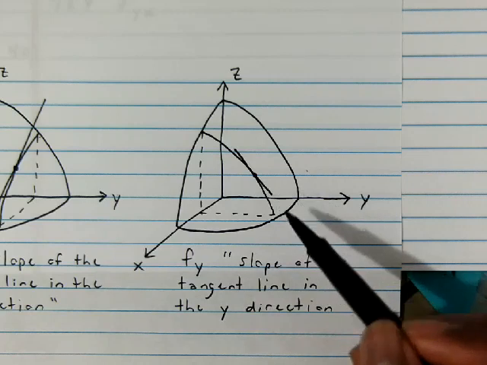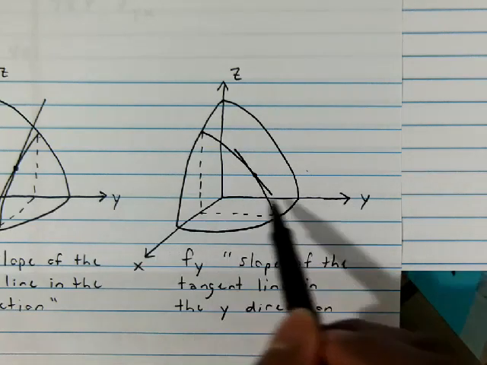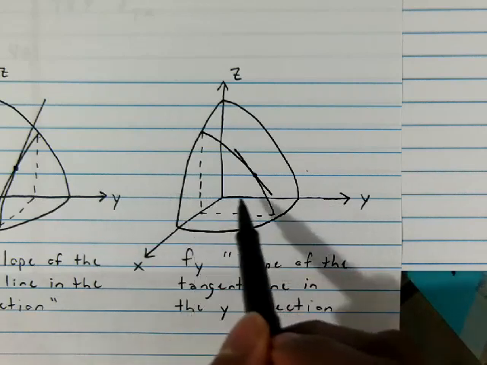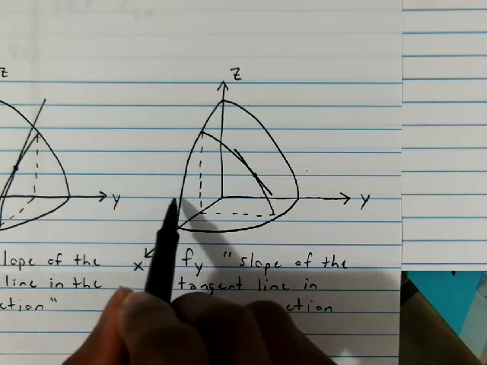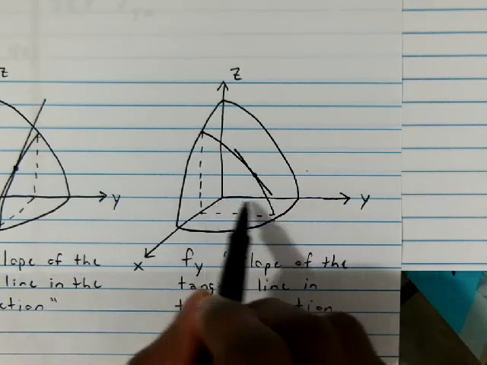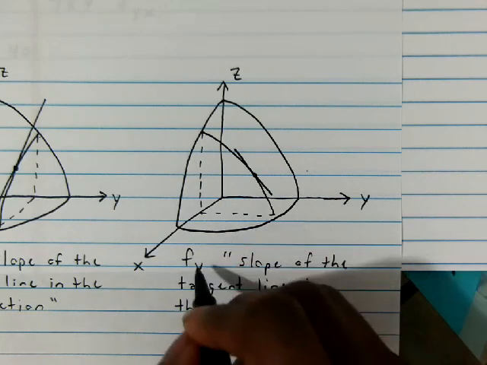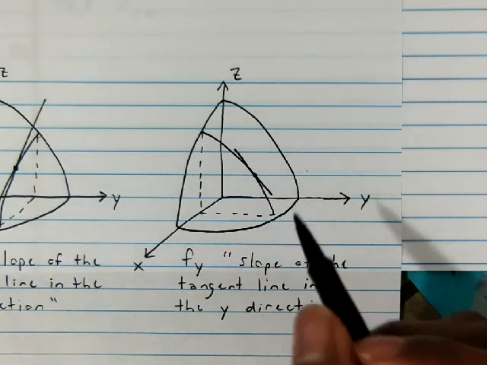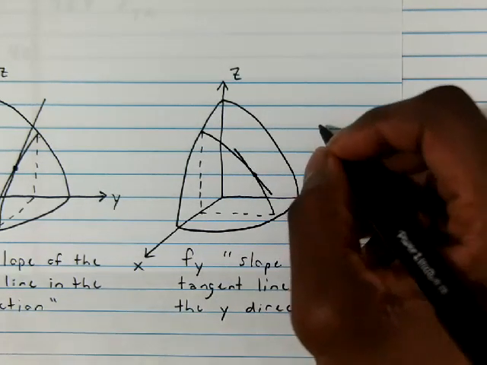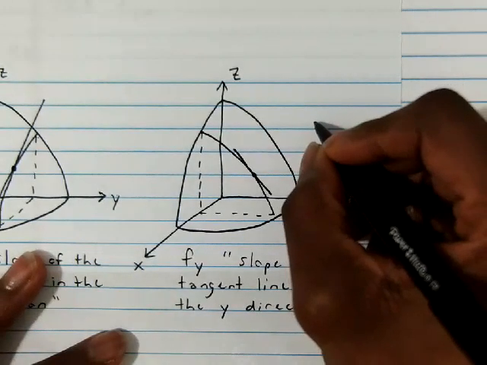We're looking at the rate of change in the y direction, going from, as we look in the page, left to right. Well, for us, we're going to go in the positive direction from left to right, because this is the positive y-axis. Now, f sub y is your slope. Now, your slope still is your change in, or your rise over run. So for us, if you want to, you can go back and put this on your picture from the previous video.